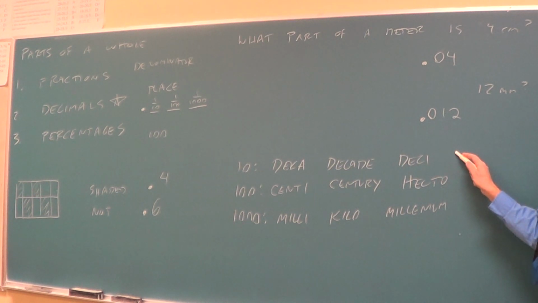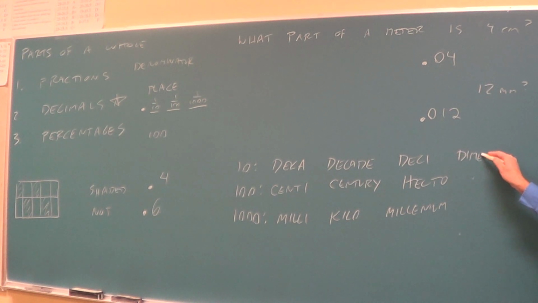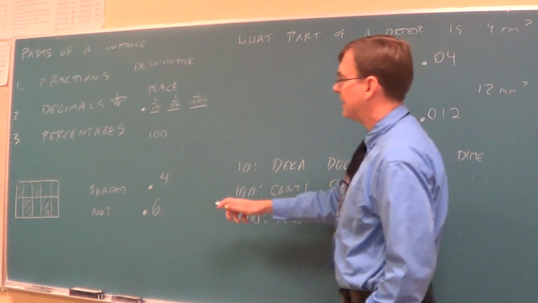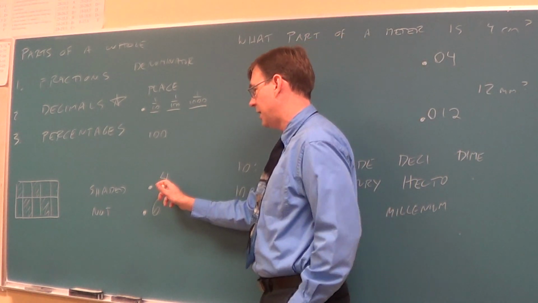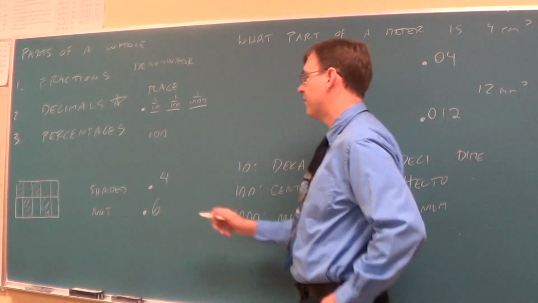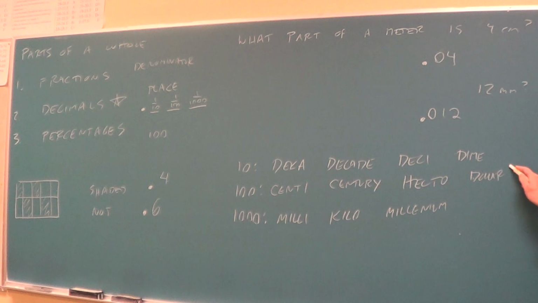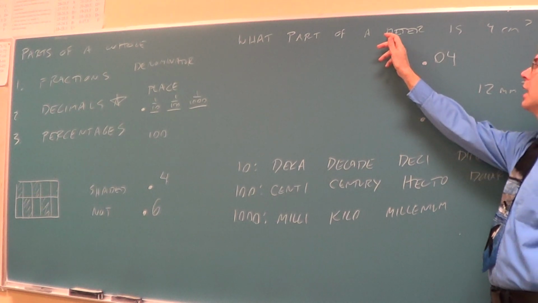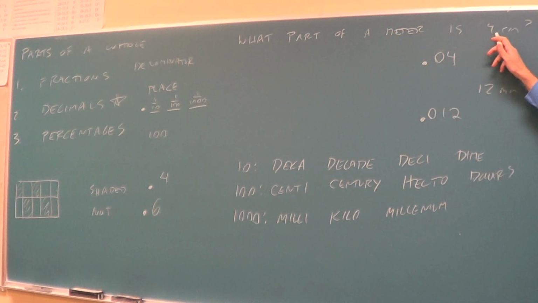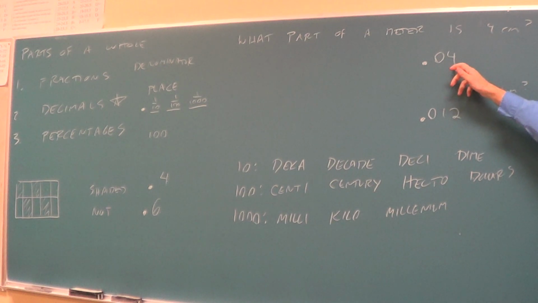Think about your pockets or purses. Dime. So if I'd say to you something like, what part of a dime, we use the tens place, is 4 pennies? You'd go 0.4. What can we do in the world of 100? Dollars. So if I go back to this question, I could say to you something like, what part of a dollar is 4 cents? You would do that same thing.